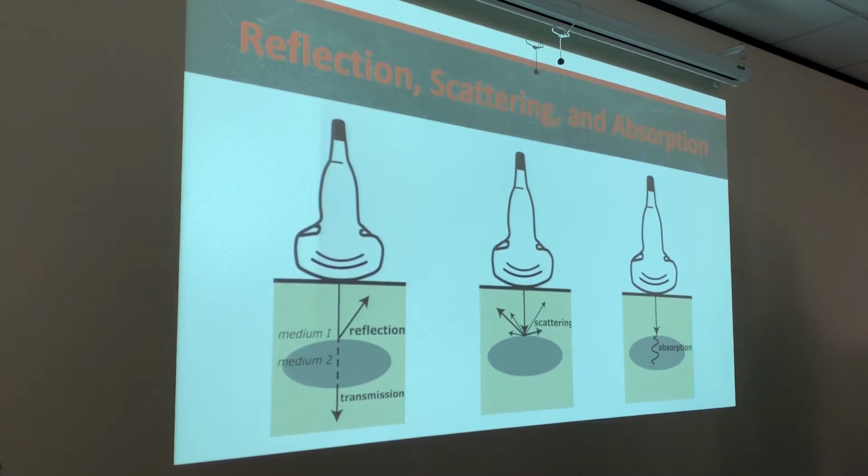Transmission would be the sound that keeps traveling, because whenever a sound beam hits a structure, it's going to reflect or it's going to keep going. It's going to keep losing energy. Every boundary of a structure it hits, some of the sound is going to transmit, some of it's going to go back.